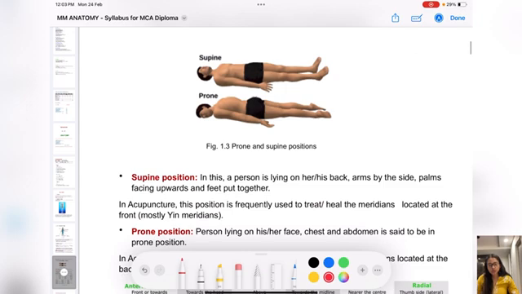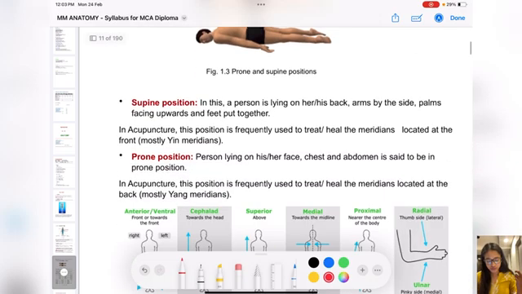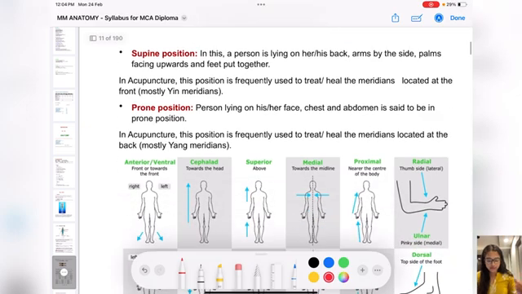And in prone position, the person is lying on the chest and abdomen. It is said to be prone position. Now in acupuncture, this position is frequently used to treat the meridians located at the back.